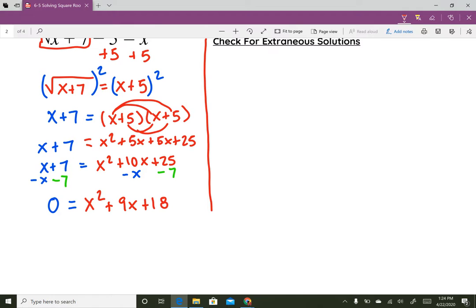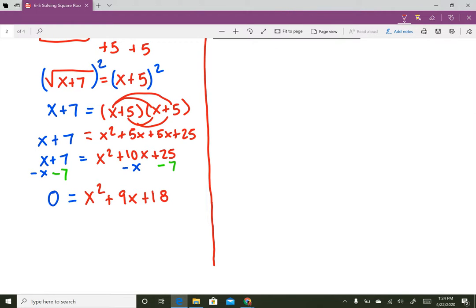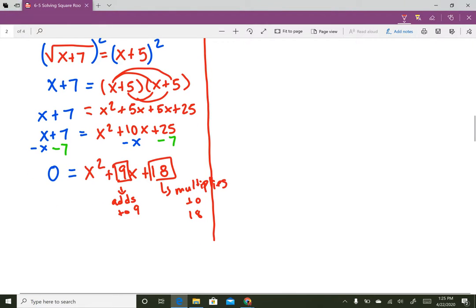Now, in order to solve this, I have to factor it, right? So I have to think about what multiplies to 18 but adds to 9. Anyone got anything? Personally, I'm going to go with 6 and 3. That's just me.